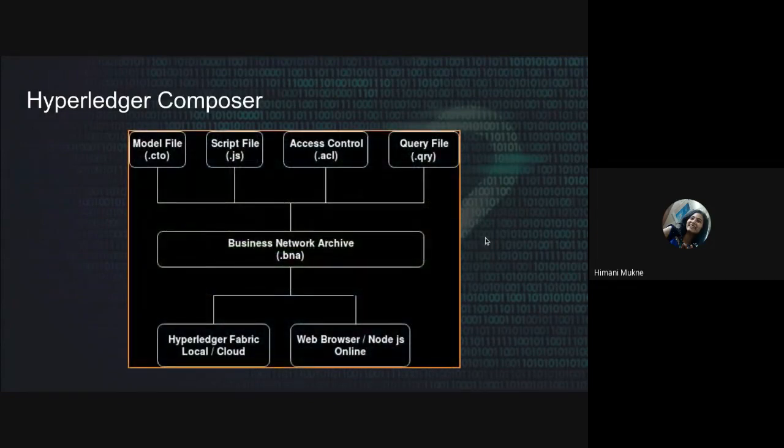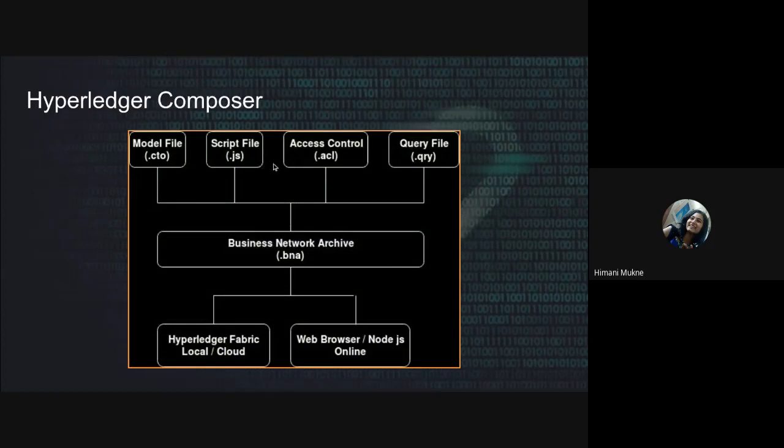Here, we see that there are various components to a business logic archive. The first is the model file. In the model file, you define all the participants, all the assets, and all the transactions that are involved in the network. In the script file, you write your transaction logic in simple JavaScript.